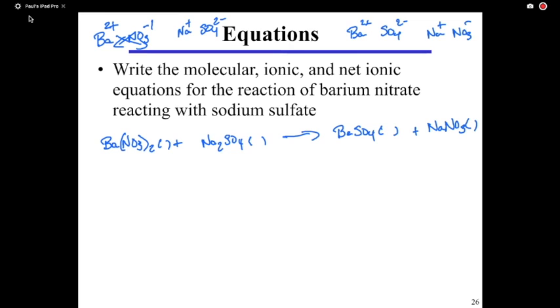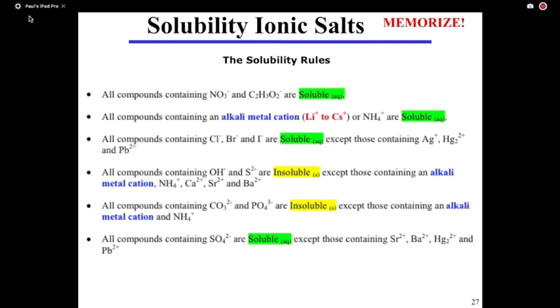All right, all nitrates are soluble except for nothing, so it is aqueous. Sulfates are soluble except for, all right, here's the list. Sulfates down there at the bottom are soluble except for those that have strontium, barium, mercury, or lead.